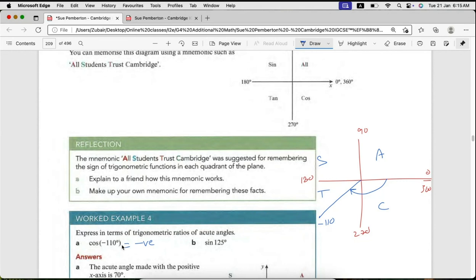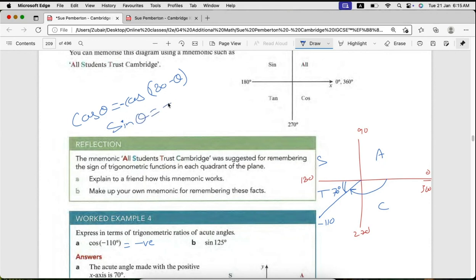Okay. But when I'm looking at 110, may I say this remaining angle is 70 degrees? Yes. And we know that cos theta is equal to cos 180 minus theta, but with a negative sign. So then it would be positive 70, right? Yeah, we'll work that. Do you just remember this?